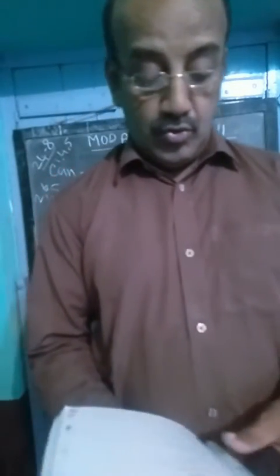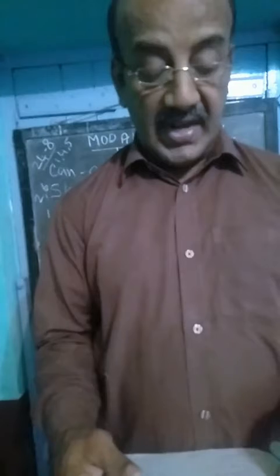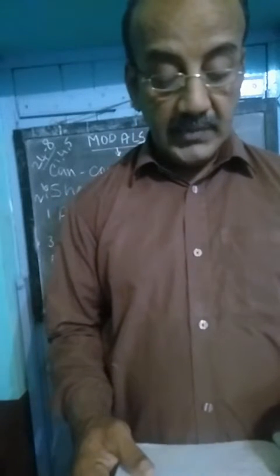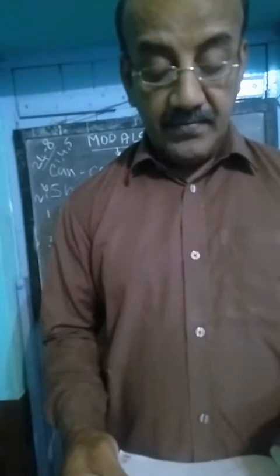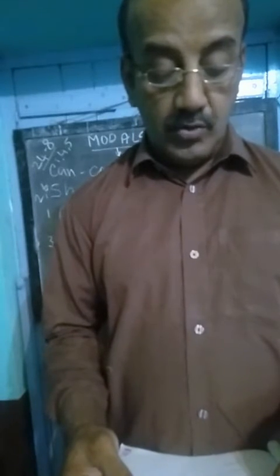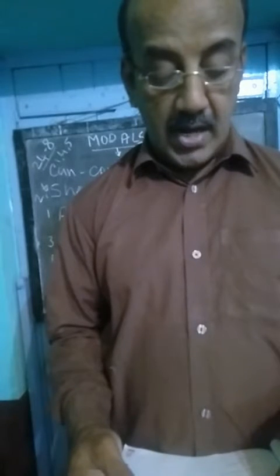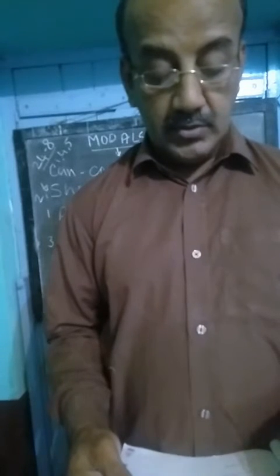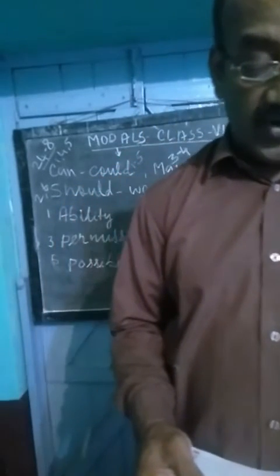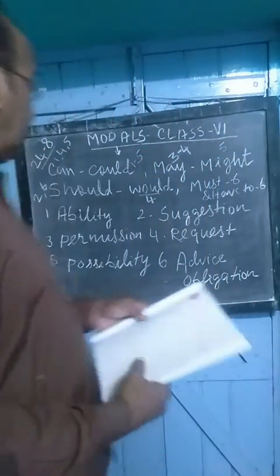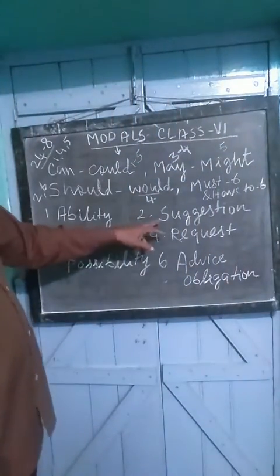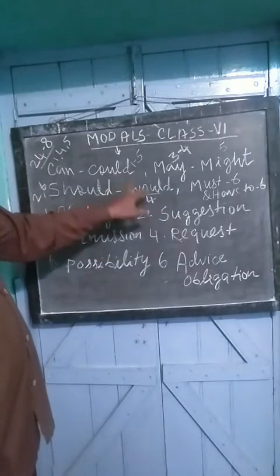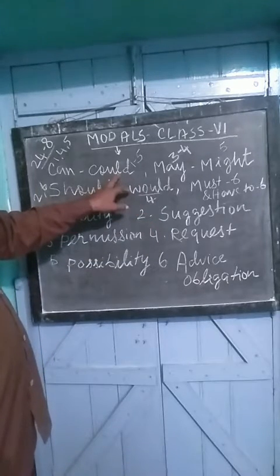Now we will go to the next page, 59. Here we are going to use should and could. Should and could are used for suggestions. Could, number 5.